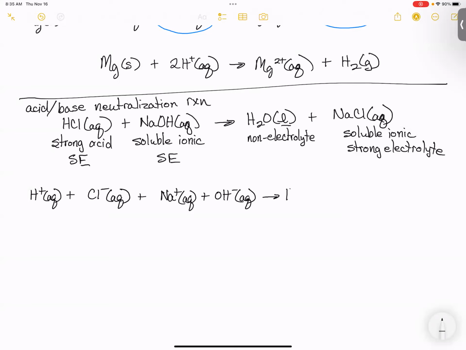That goes to make water. We're just bringing water down because the only things we ever break up are the strong electrolytes. And then we have sodium chloride, a soluble ionic compound, so we break it up into sodium ion and chloride ion, with the same state of matter as the parent. And that is the complete ionic reaction for the strong acid, strong base neutralization between hydrochloric acid and sodium hydroxide.